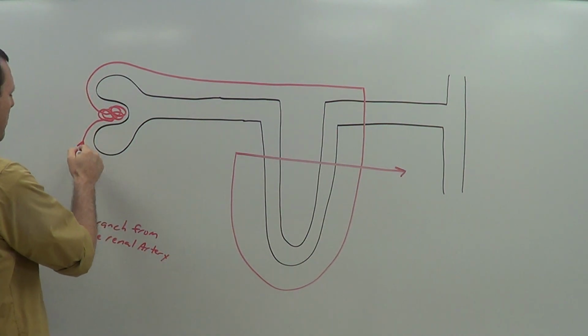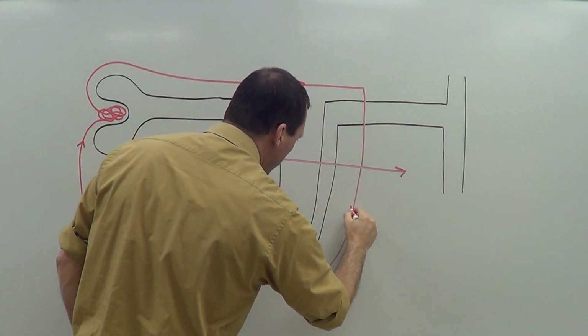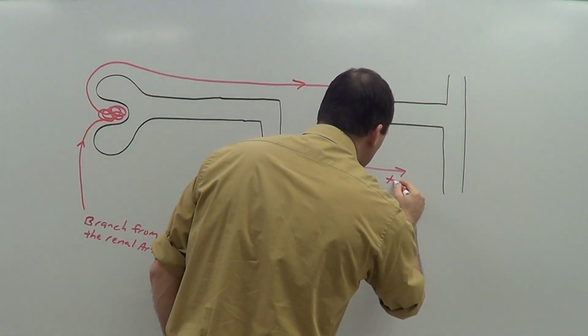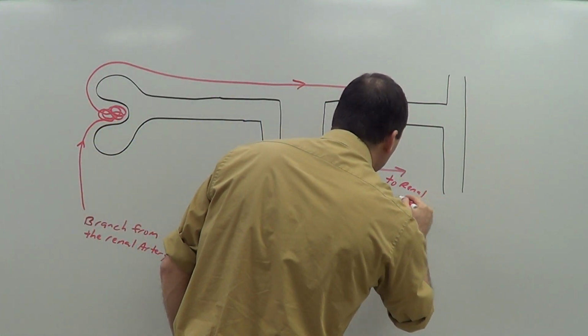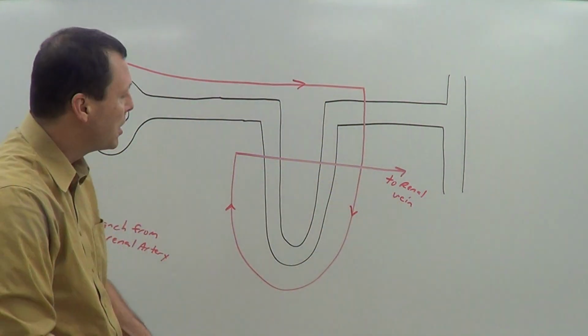And the blood is going to go up in this direction. Eventually it's going to come over here, go down this way, up over here, and across to the renal vein, which will eventually exit the kidney.